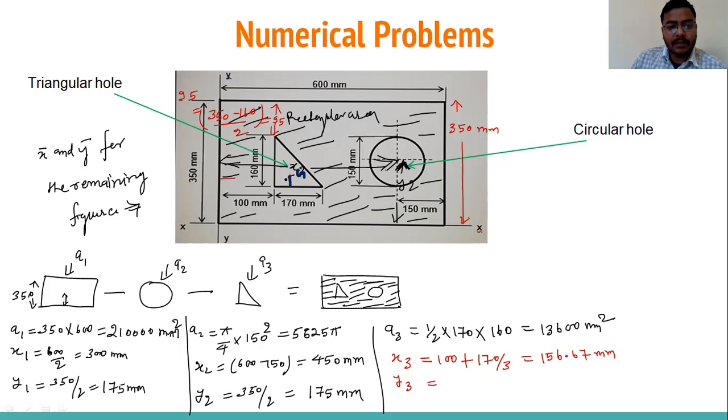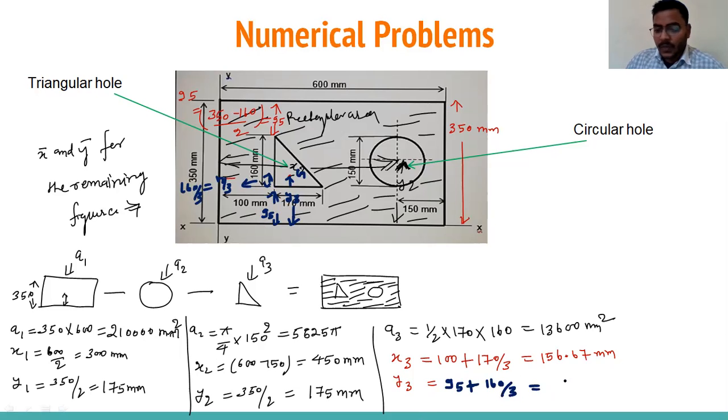We have to calculate this one, this will be y3. Here this length is 95, and this length, we know, is h by 3, that means 160 by 3. So finally y3 will come 95 plus 160 by 3, that is 148.33 mm.